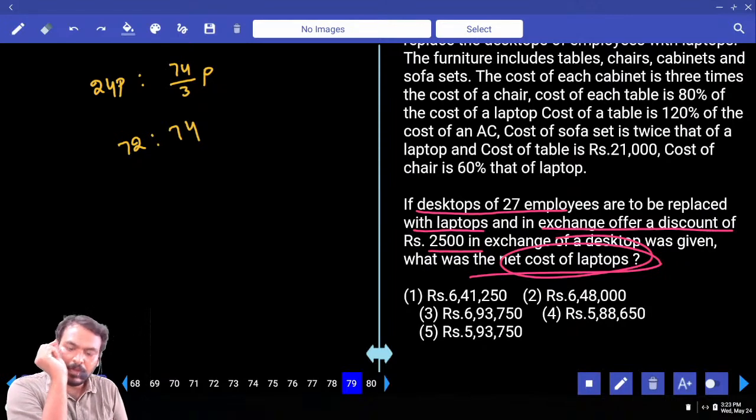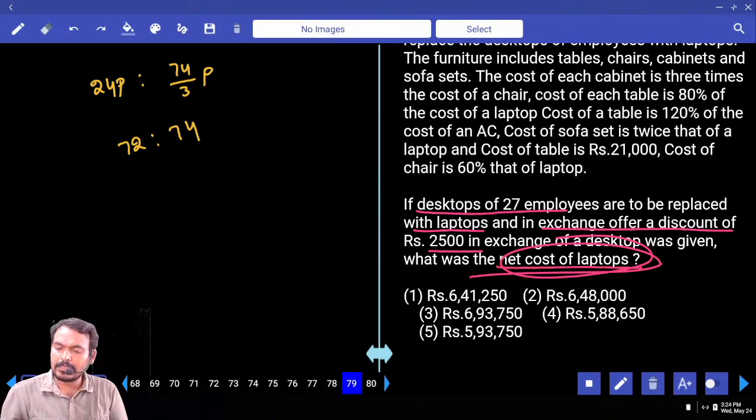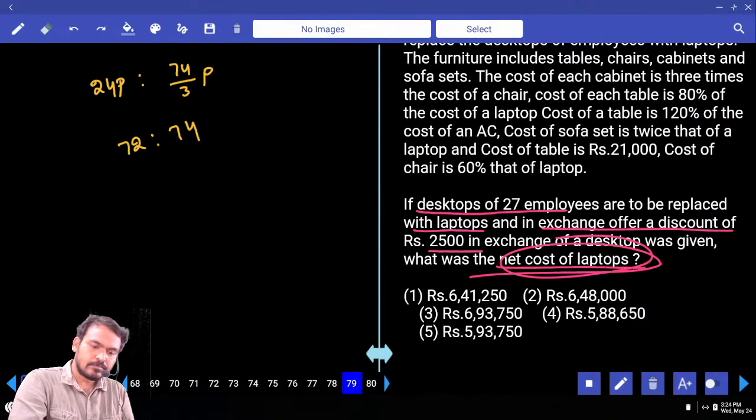Every desktop, how many rupees discount is offered? 2,500. In total how many desktops are replaced? 27. Means each one 2,500, total 27 into 2,500. Okay. First we need to identify the laptop cost. What is the question here? Net cost of the laptops.